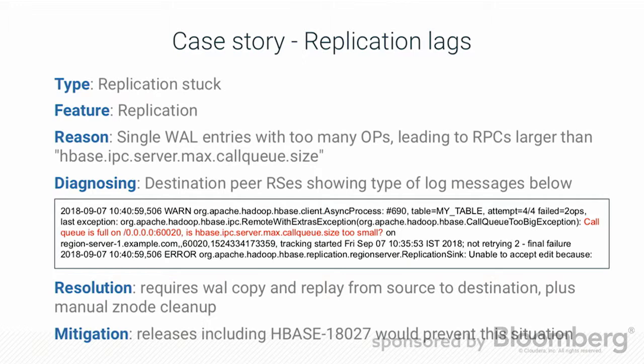Another case example: replication lags. These are replication stuck type of issues. Feature, obviously, replication. The reason here, in this specific example, we see quite a fair number of cases coming with this problem where, for some reason, the ingestion was designed poorly, batching up too many operations in a single RPC entry, and eventually that reached this property, which is a threshold for the call queue size.